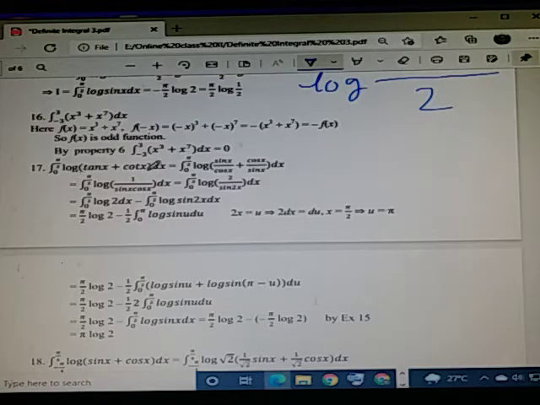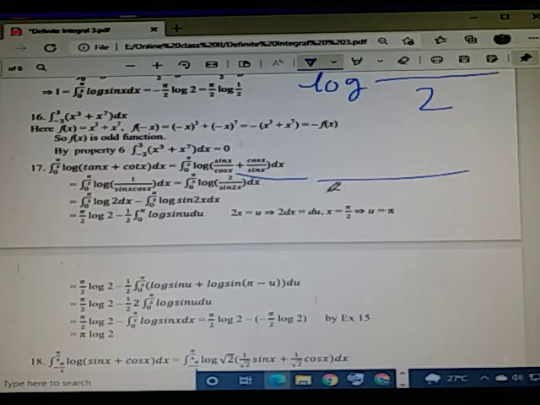Then number 17. We are writing tan x plus cot x like this: tan x is sin x by cos x, and this is cos x by sin x, and sin square x plus cos square x is 1. So after simplifying, what do you get?